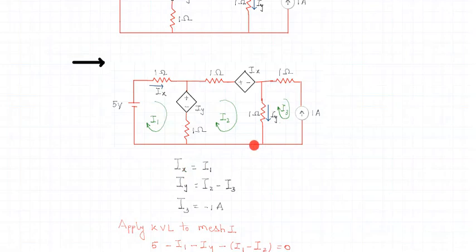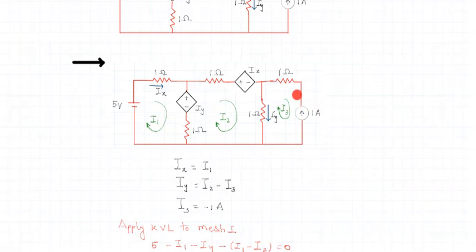Now look at this particular loop. What is I3? I3 is the current flowing through this particular branch, which has only a single current source. It means that I3 must be equivalent to the current source present in this branch. But look at the direction.